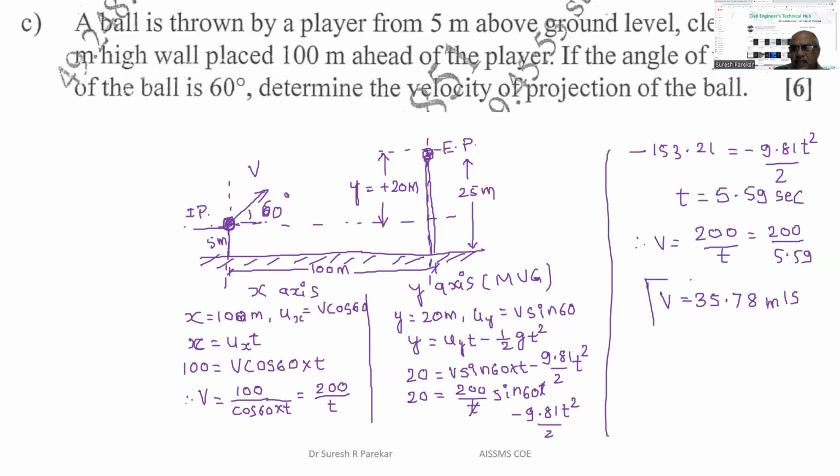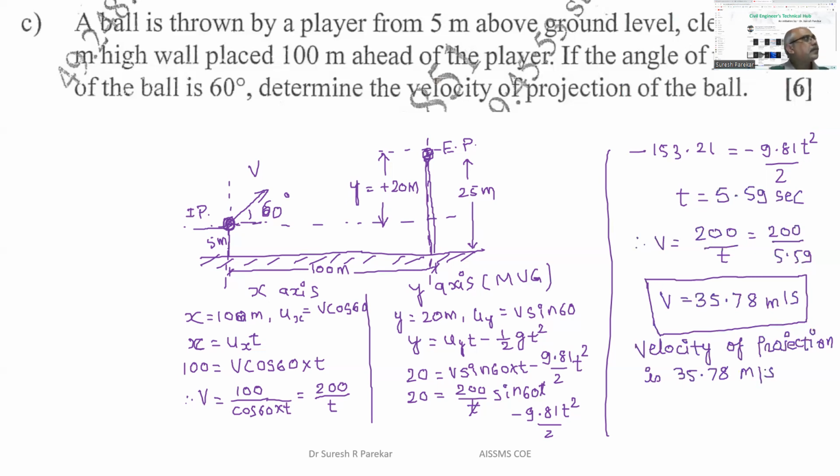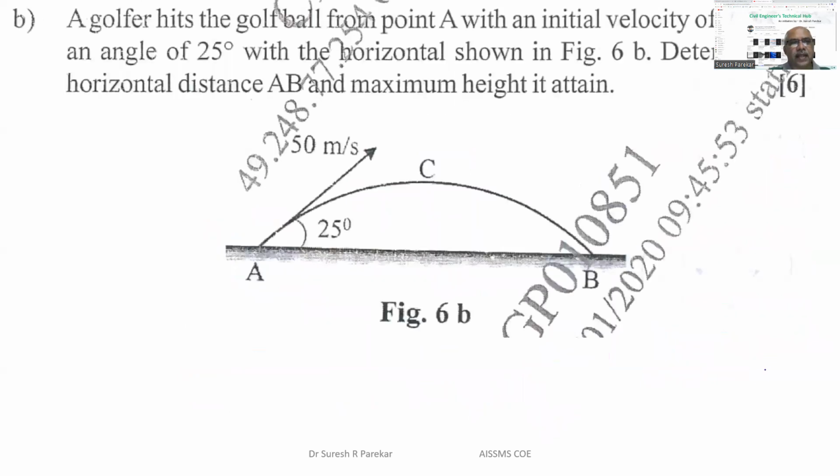So that is the velocity of projection. Velocity of projection is 35.78 meters per second. Then we will go with another problem.